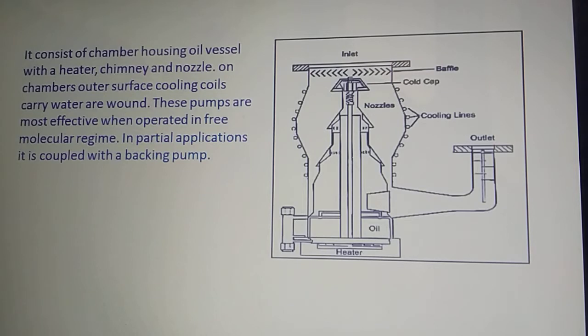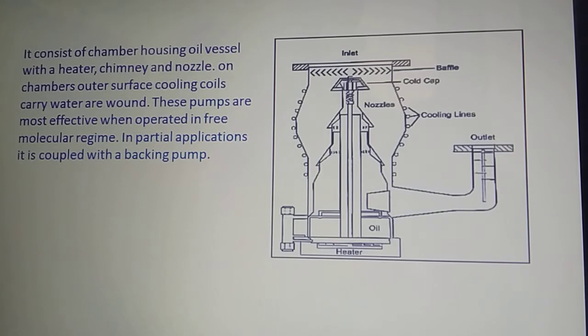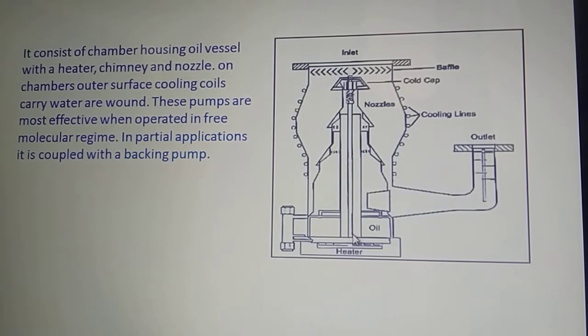Essentially, this consists of a chamber housing an oil vessel with a heater, chimney and nozzle. So the oil vessel with heater, here is a heater at the bottom, right? And here is a nozzle, right? And the chimney is here, right?